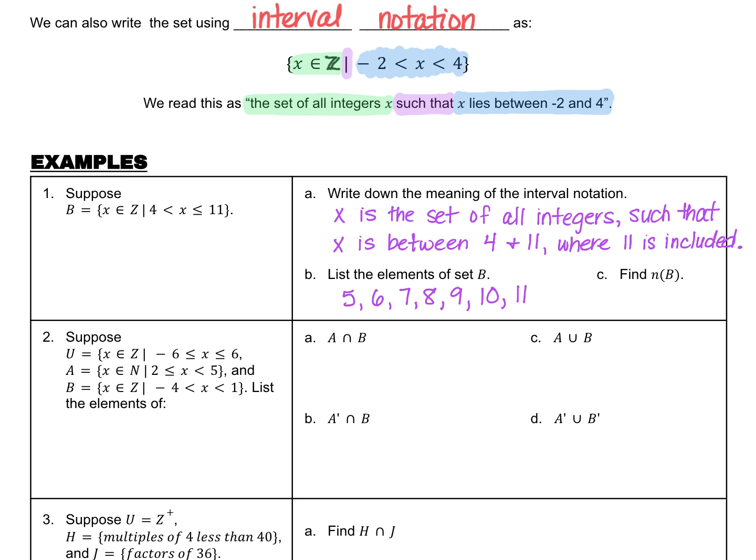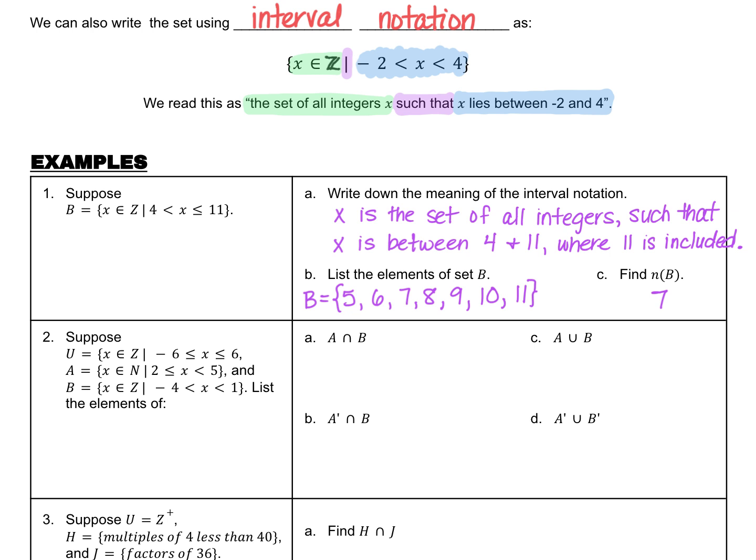And if I want to, I can put it as B is equal to, and then put my brackets around them to write them in set notation. Part C says find the number of elements that are in B. If I count up the number of elements in B, I have 1, 2, 3, 4, 5, 6, 7. I have 7 elements in B.